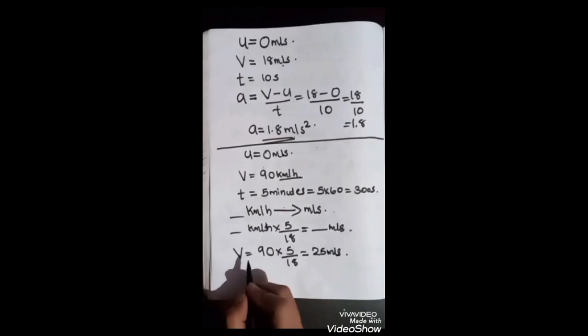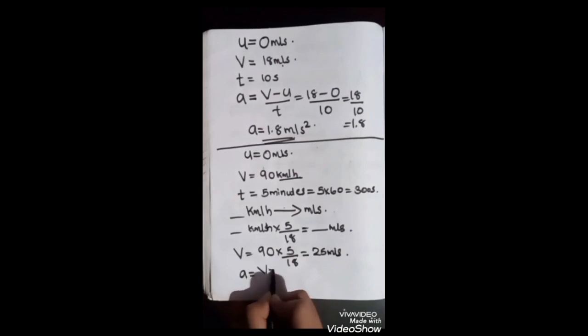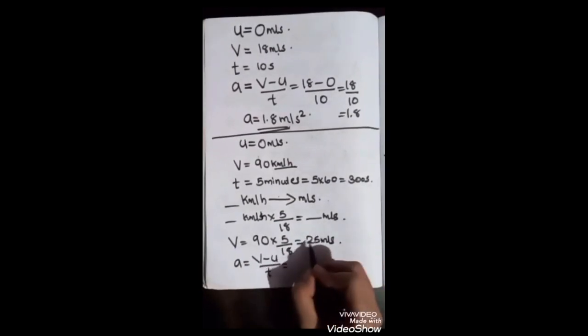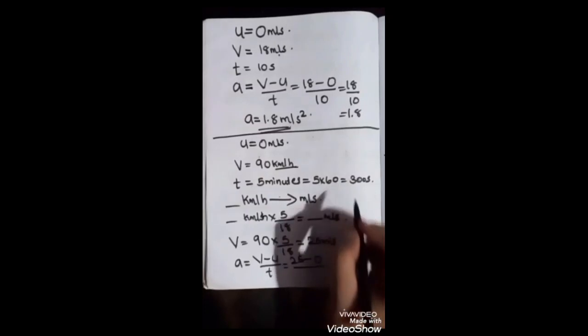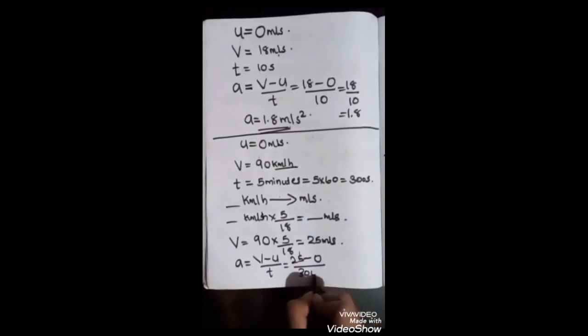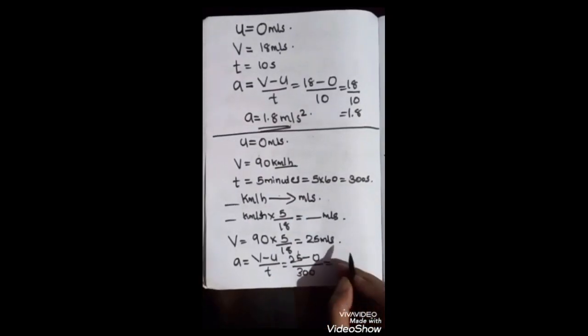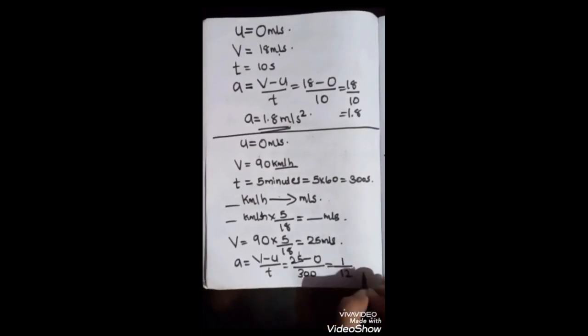Then we can calculate the acceleration. The equation for acceleration is a is equal to v minus u by t. Here v is 25 minus u is 0 by t, 300. That is approximately equal to 1 by 12.